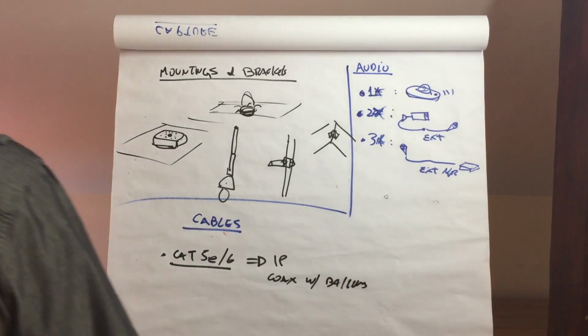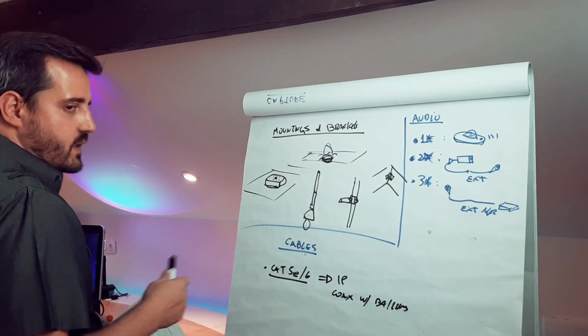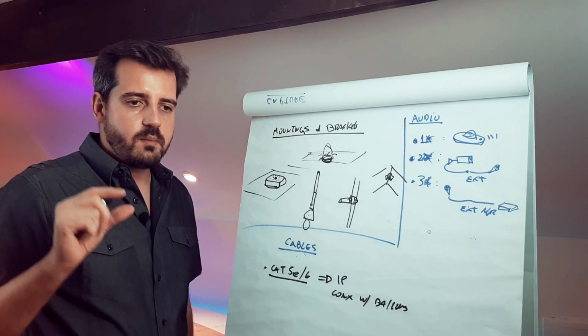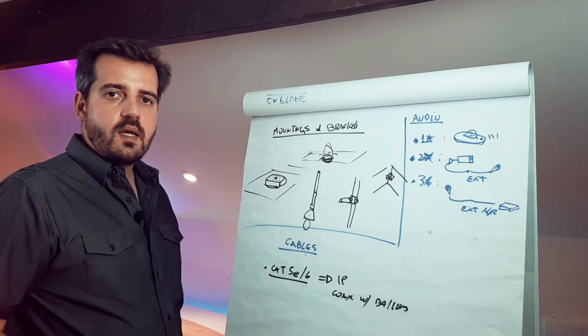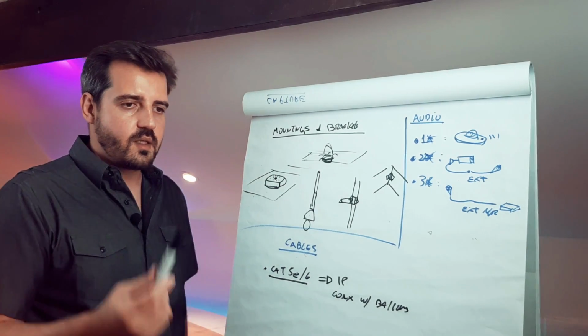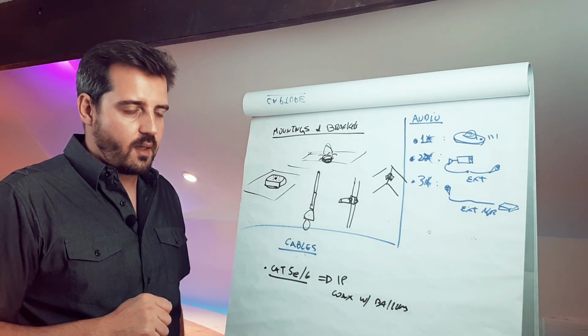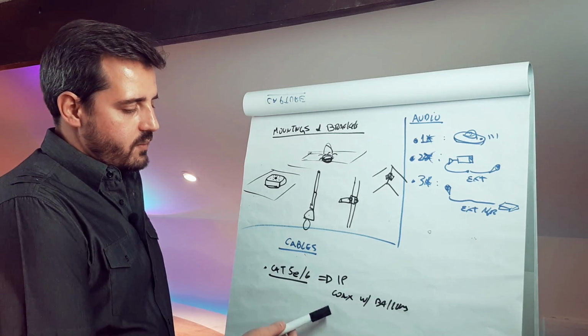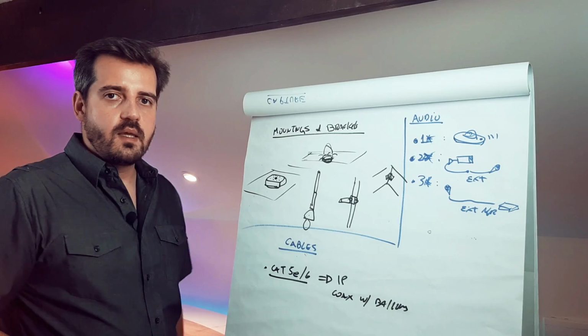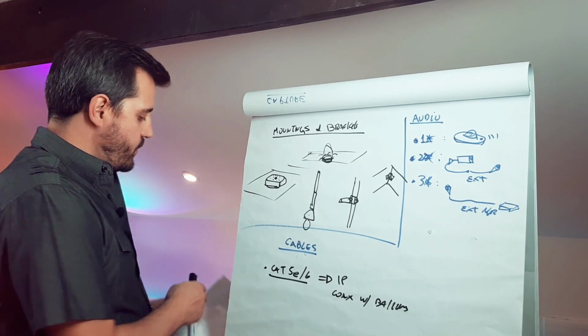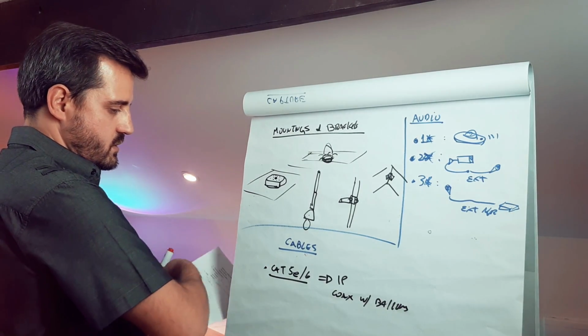So what is a balun? A balun is a device that will be able to use one of the pairs of the Ethernet cable and transmit the same information that we're transmitting in the coax cable. But normally we use Ethernet cables for the IP cameras, and we have the coax cable.